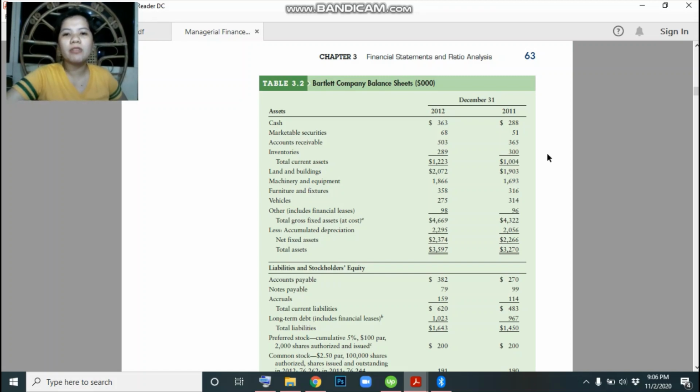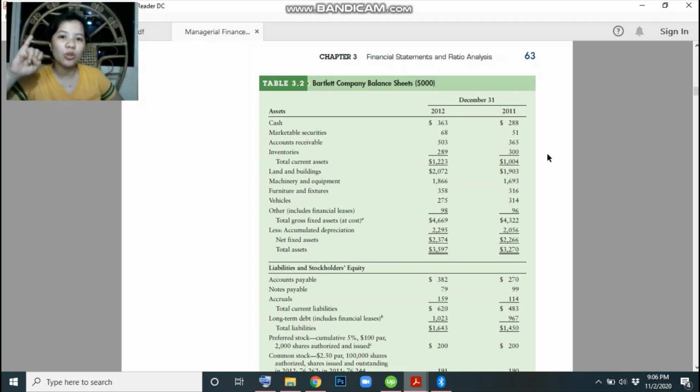The first part of the balance sheet is the assets. Unsa maning assets? This is what the company owns. Tanan nga mga butang pinag-iyahan ni Barley Company mao na ang assets. Okay? There are two types of assets. We have the current assets and the non-current assets, or the net fixed assets. When we say current assets, these are assets that are convertible to cash within 1 year. Sa example ani, cash.